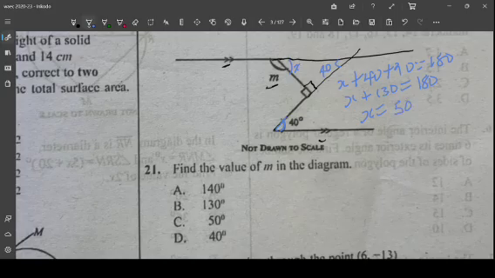From angles on a straight line, I know that m plus 50 degrees should be equal to 180 degrees. So m will be 180 minus 50 degrees, which is 130 degrees. That is option B.